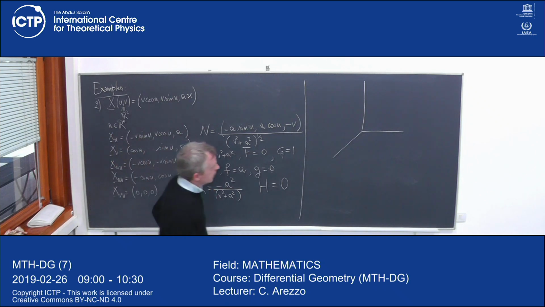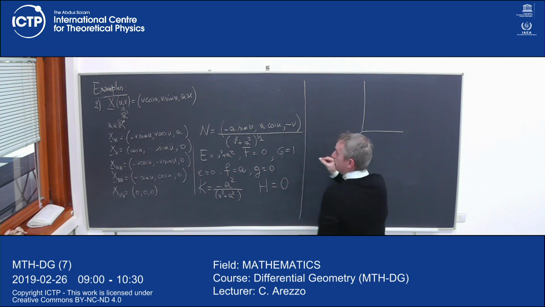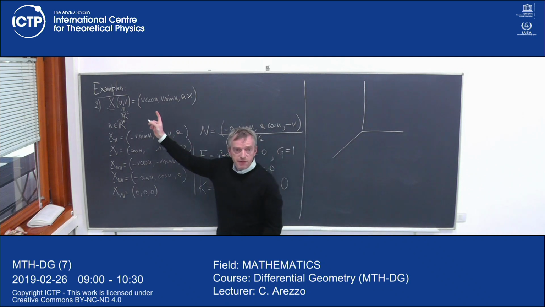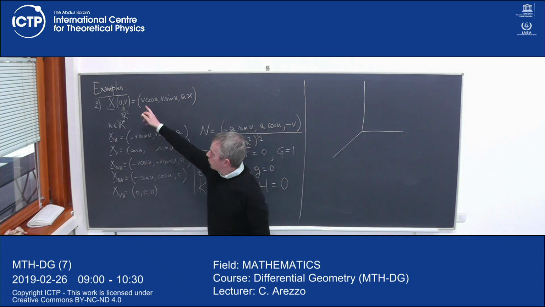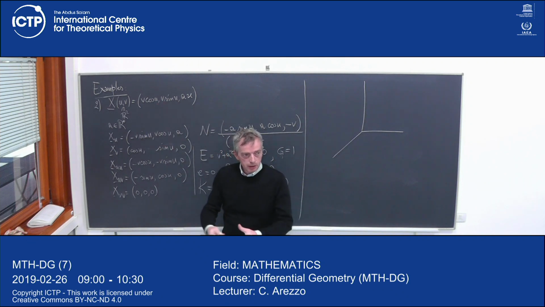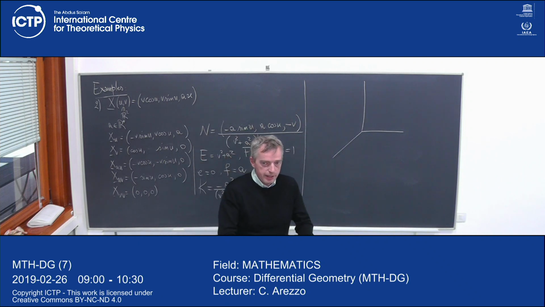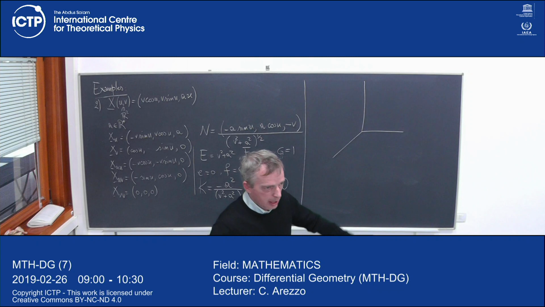So basically, what does v mean? v is equal to v naught. It's kind of the radius of the helix. So for any v I get a helix, but when v varies, the helix is going up or down.